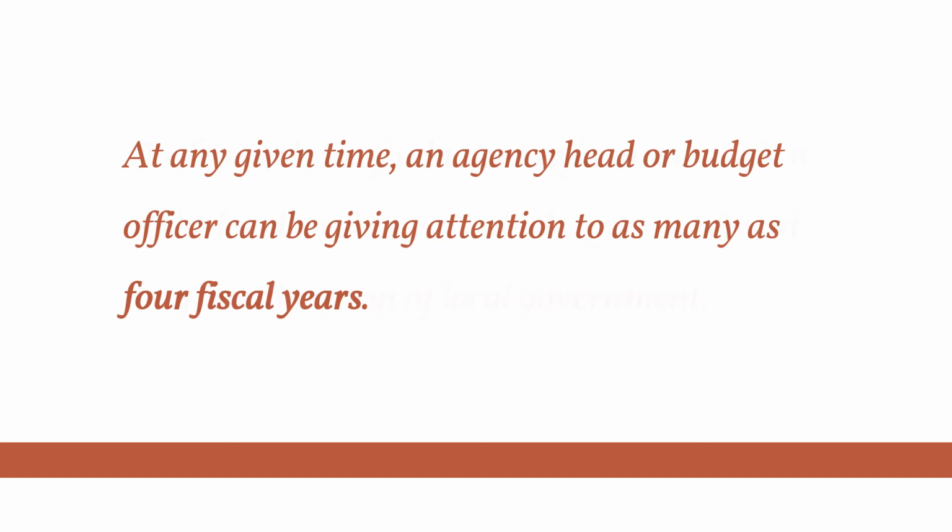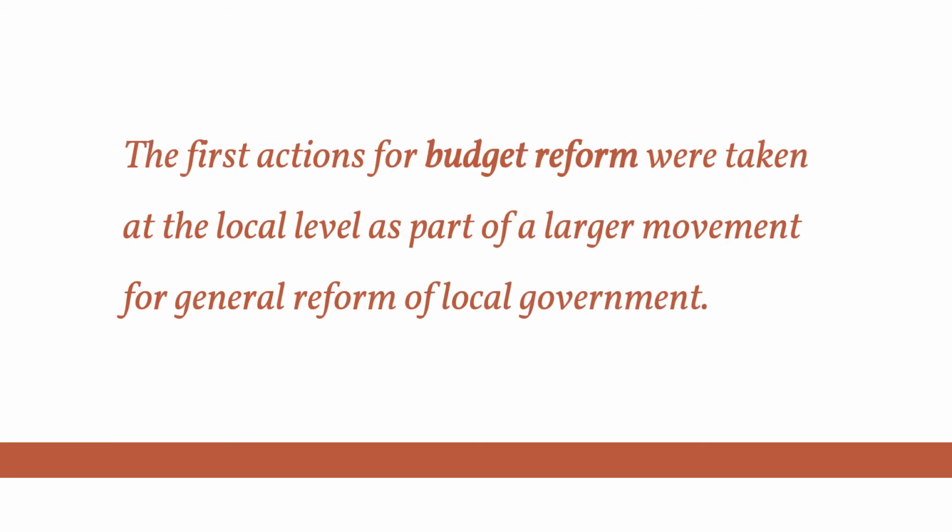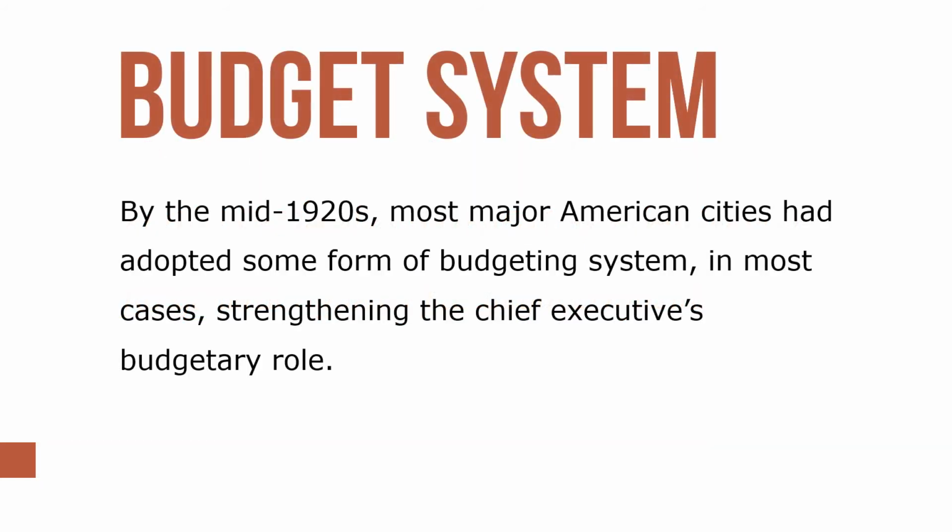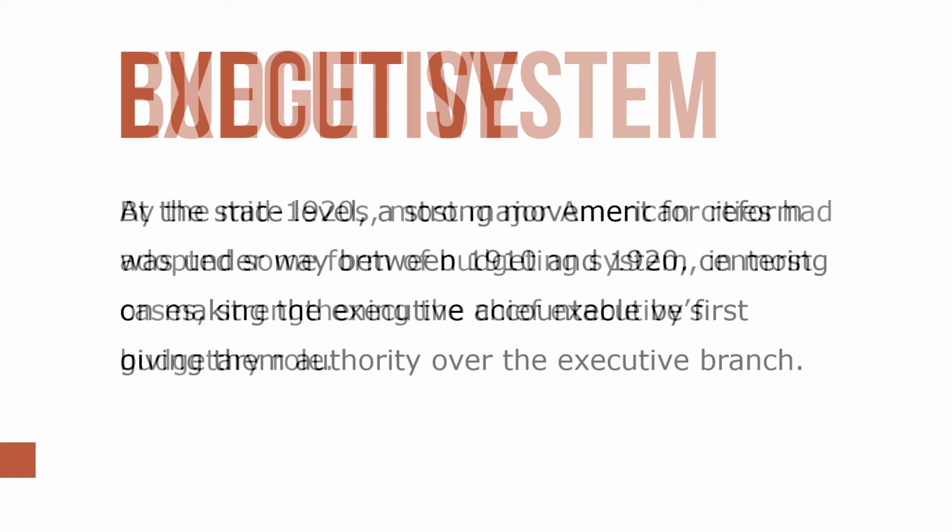The first actions for budget reform were taken at the local level as part of a larger movement for general reform of local government. By the mid-1920s, most major American cities had adopted some form of a budgeting system, in most cases strengthening the chief executive's budgetary role.